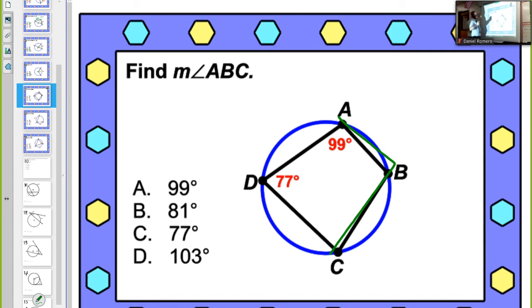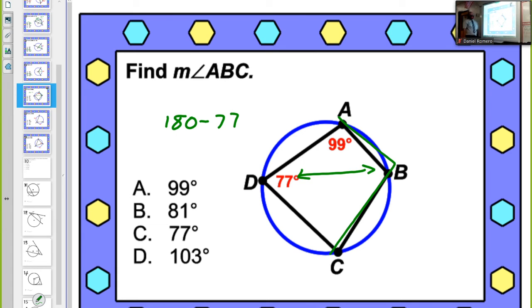Supplementary, very good, that's a good word. Not consecutive angles, opposite angles. Opposite angles are supplementary. So how would I find ABC?